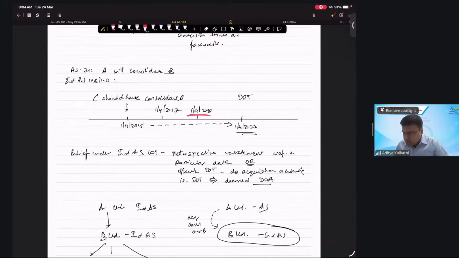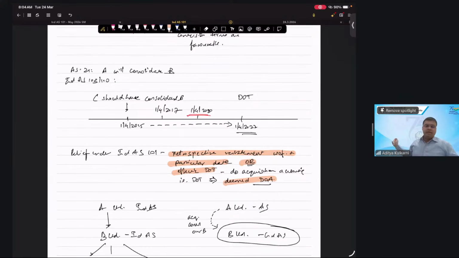So what is important is retrospective amendment is always with effect from a particular date, or if you do not select, you can state that the date of transition itself is your deemed date of acquisition.